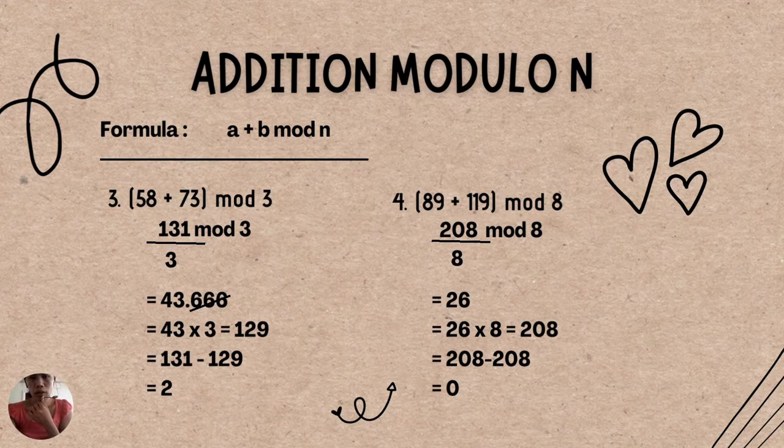Number 4, 89 plus 119 mod 8 equals 208 divided by 8. The result is 26. So 26 times 8 equals 208. 208 minus 208 equals 0. Remember that 0 belongs to integers.